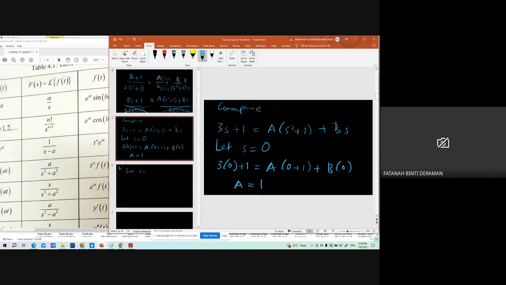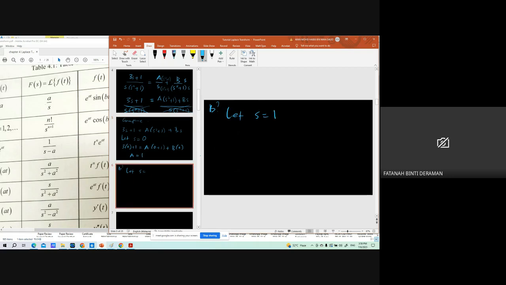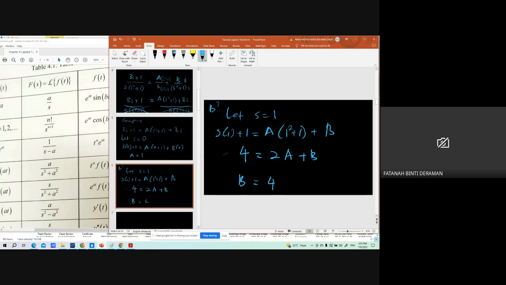So we let s as 1 because 1 we can easily deal with. So 3(1) plus 1 equals to a(1 square plus 1) plus b. So we have 3 plus 1, 4 equals to 2a plus b. So we know that a equals to 1, so b equals to 4 minus 2a. So we have b equals to 2.